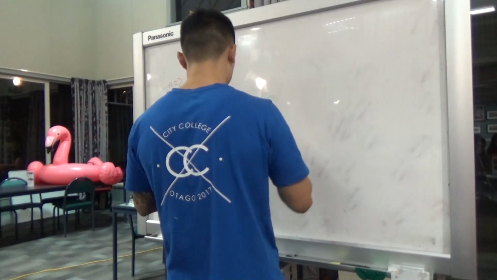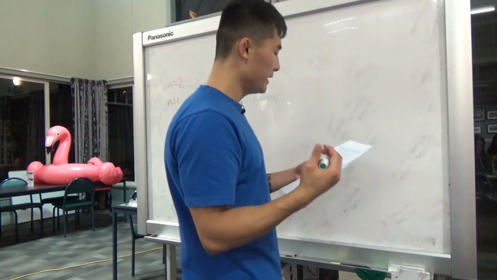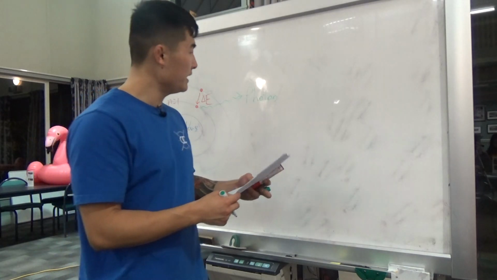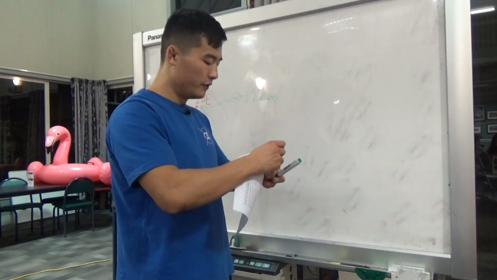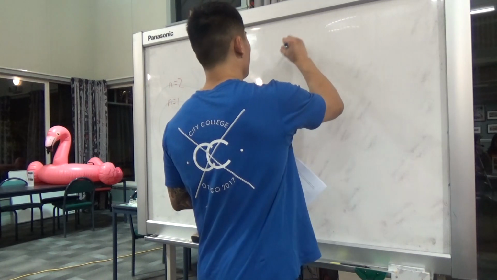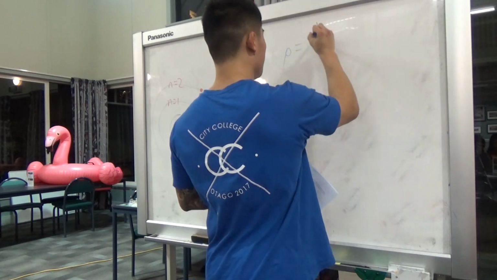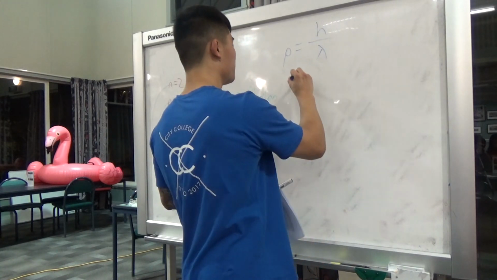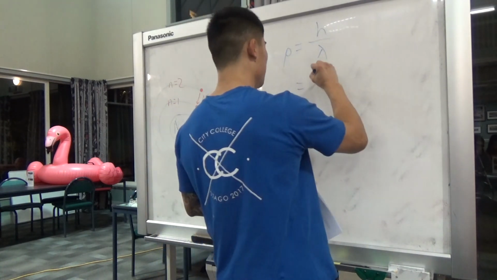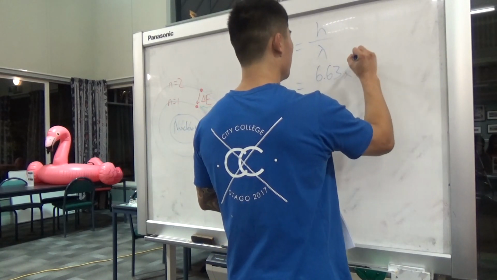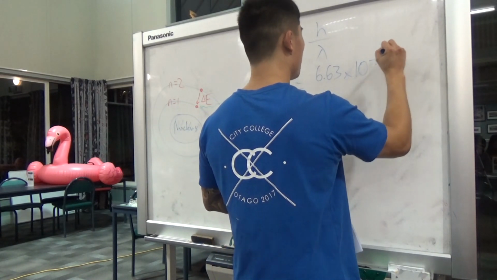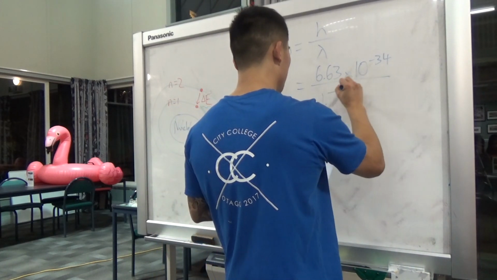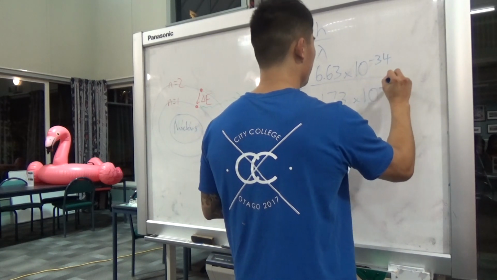The wavelength of that photon is 1.73 nanometers, and we want to find out what the momentum is going to be. The equation for that is momentum is equal to Planck's constant h divided by the wavelength. Planck's constant is 6.63 times 10 to the negative 34, and that's divided by our wavelength, which is 1.73 times 10 to the negative 9.